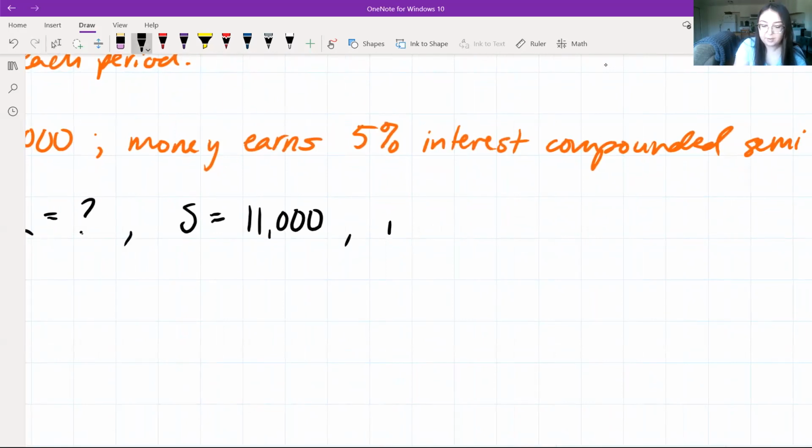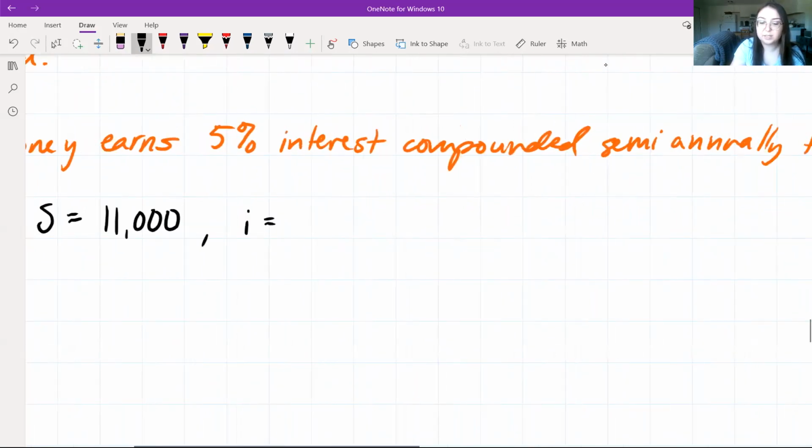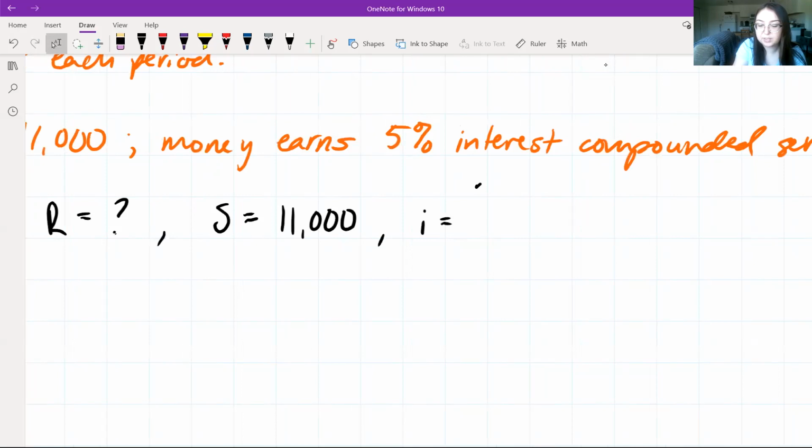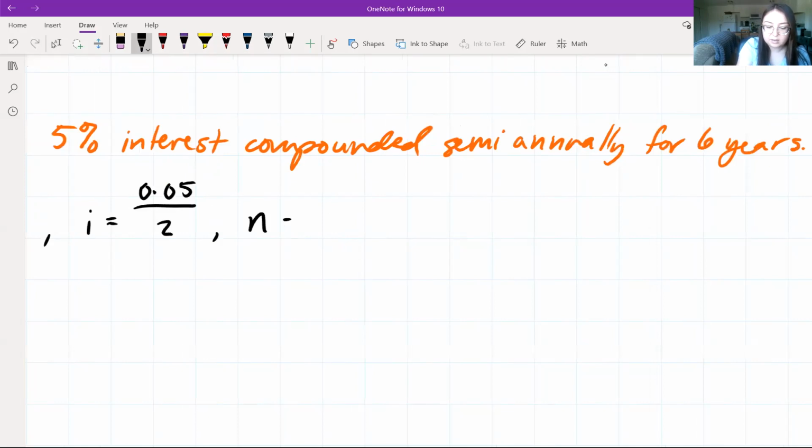We have I is 5%. It's being compounded semi-annually, so twice a year. So we have 0.05 divided by 2. And then we have our N value, which is being compounded semi-annually, so twice a year for 6 years. So we get that our N value is going to be equal to 12.